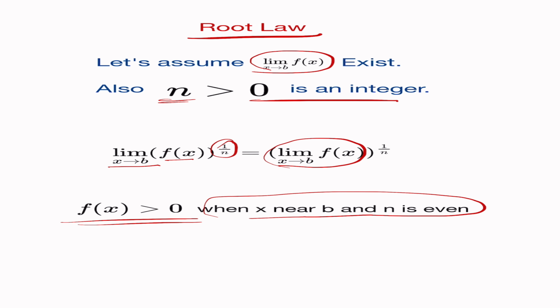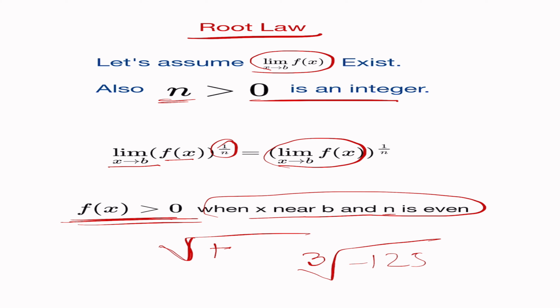When n is an even number, f of x has to be greater than or equal to 0 near b, because you already know the square root of a negative cannot happen. So it has to be positive when you have a square root, or any even root. But for the cube root, we can have negative 125, which will give us negative 5.